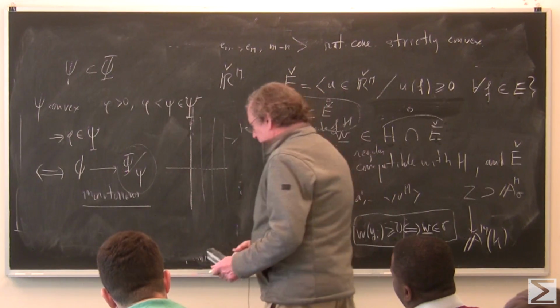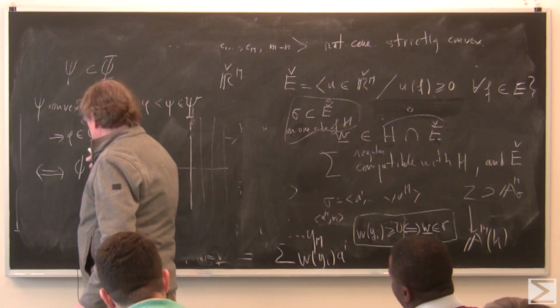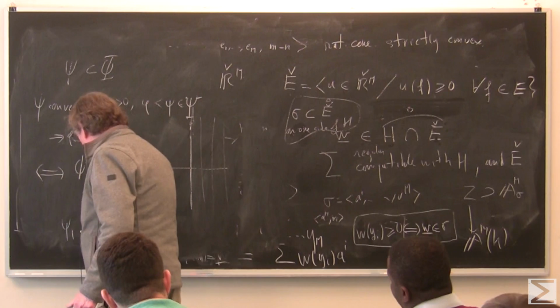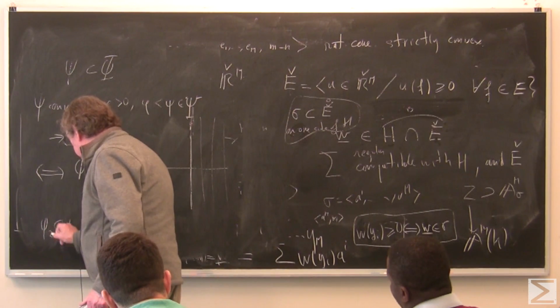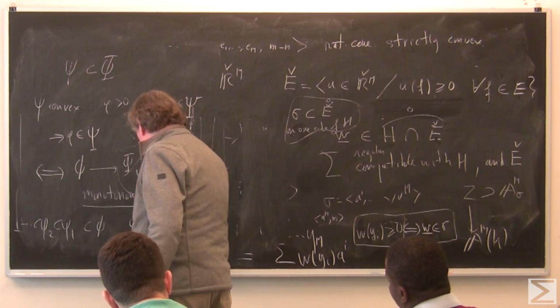This is an extremely important concept. It's very easy to prove that the set of convex subgroups is totally ordered by inclusion. So in fact, you have a sequence of convex subgroups. And if it is finite, we say that phi has finite rank.